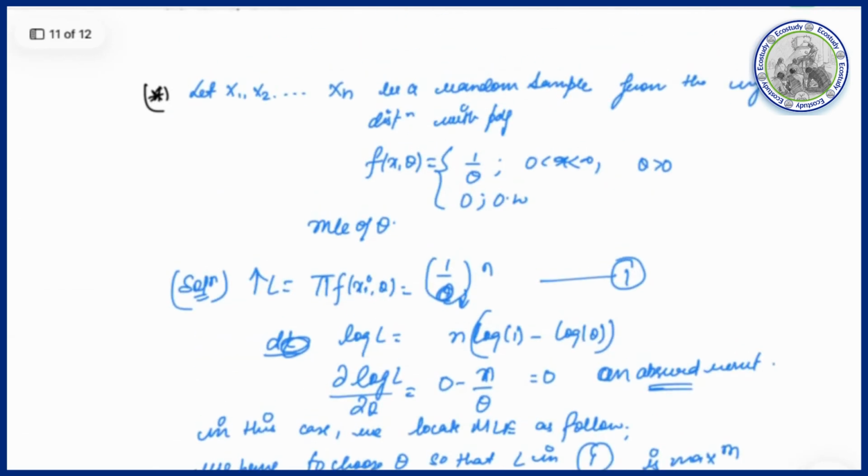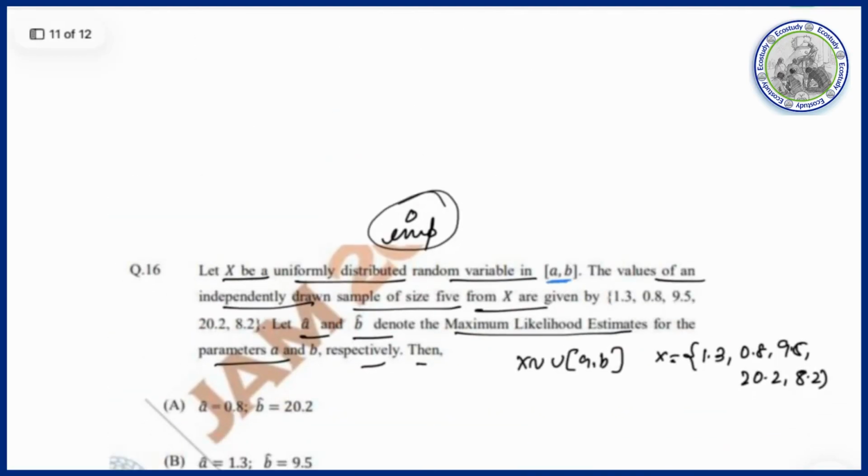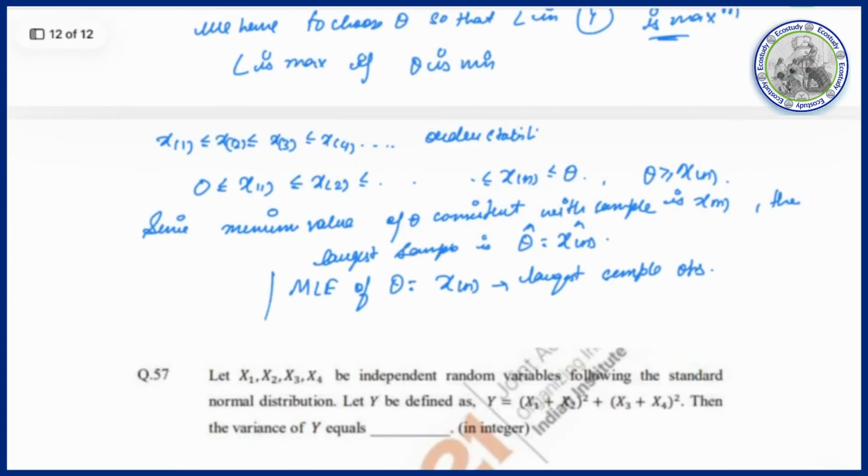This is when theta is from 0 to infinity. In the question, what is asked is for a and b, so I am going to prove it for a and b as well. This is the MLE for theta.